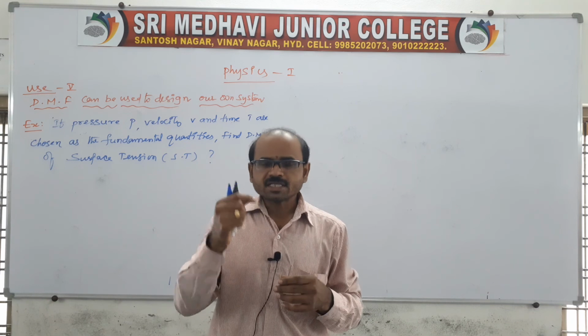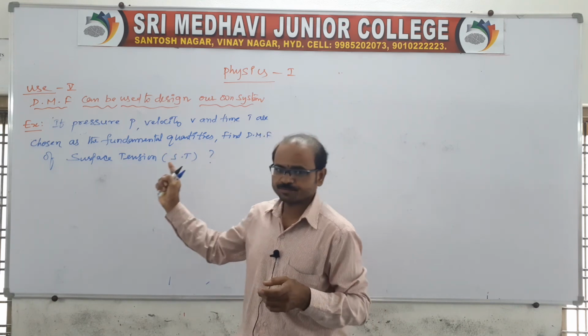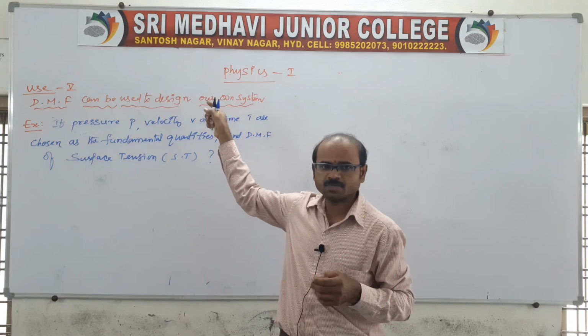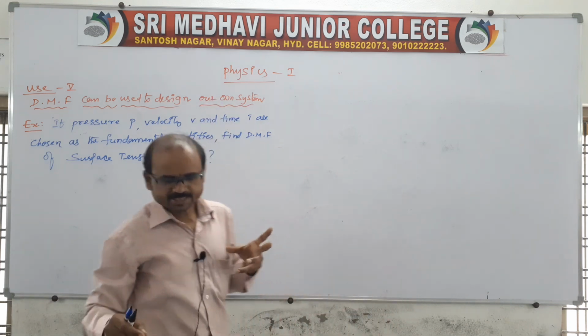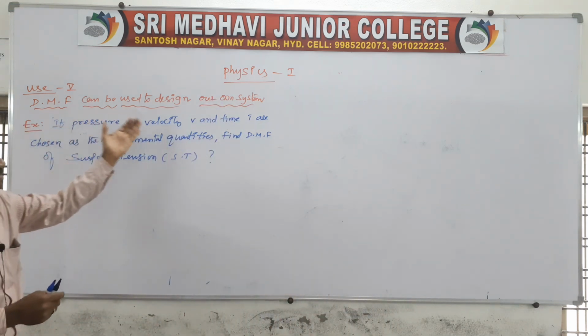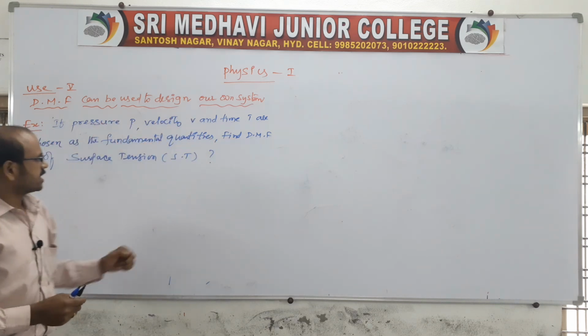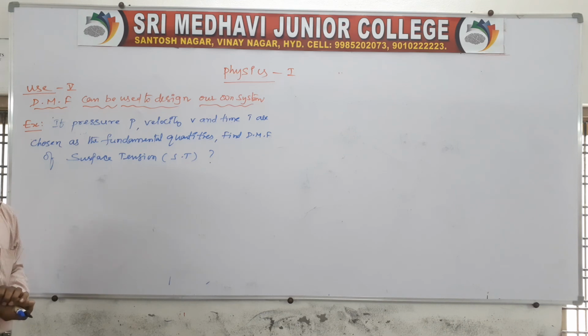are the basic fundamentals, and in that there is no change. But according to the given question we have to use P, V, T, because now we are designing our own system. The question says use pressure, velocity, time as the fundamentals and find the dimensional formula of surface tension.